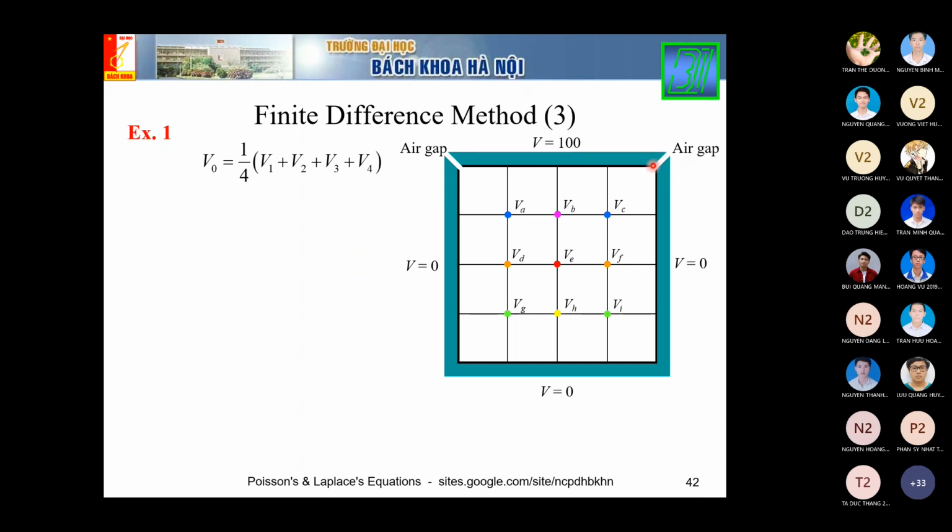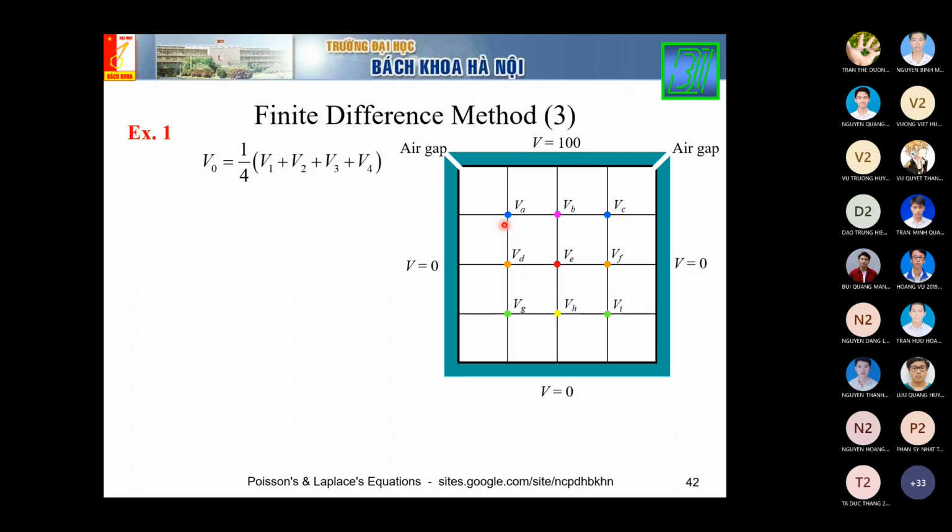The cross section of this U-shape is a square, and we suppose that our system extends forever to the front and to the back of the screen. So the potential does not depend on Z, it depends only on the vertical axis and the horizontal axis. So it is a two variable solution.